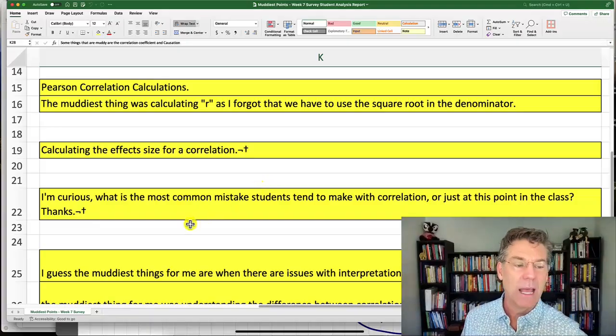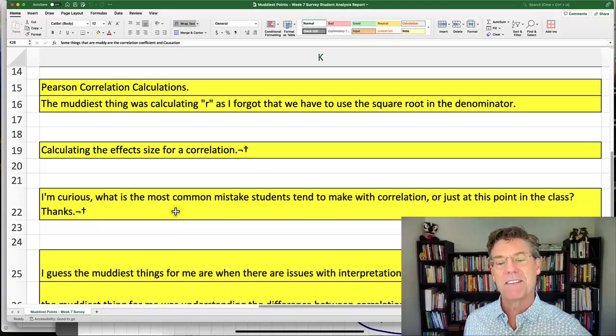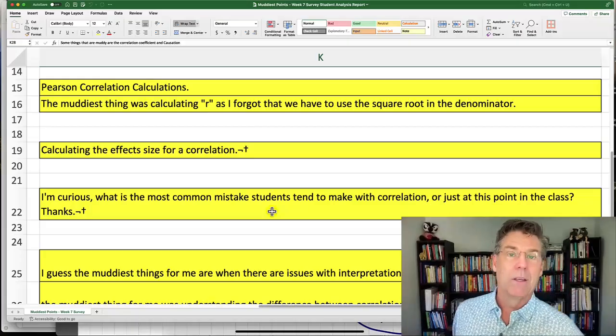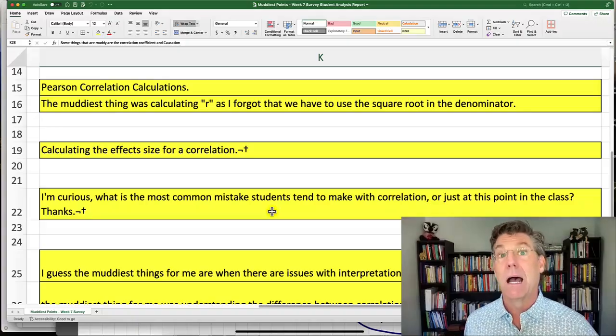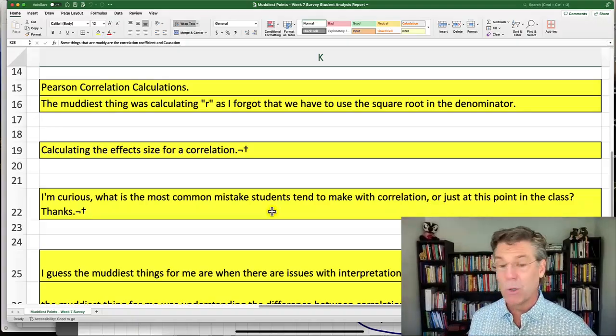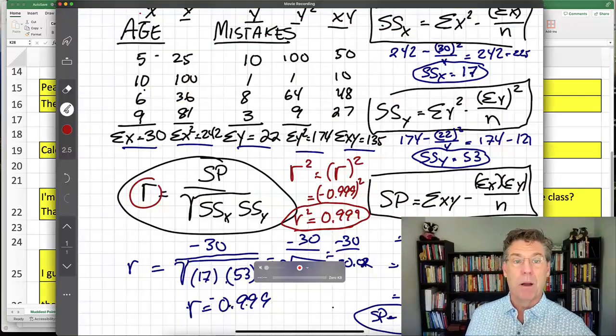Next question, and it's actually related to some of the following ones. I'm curious, what is the most common mistake students tend to make with correlation, or just at this point in the class? Typically, most students do really well in the calculations for correlation because they're a lot simpler than the ones we've done so far. The one thing I will say is that correlation has these sum of x squared terms, so you've got to make sure you add those right.